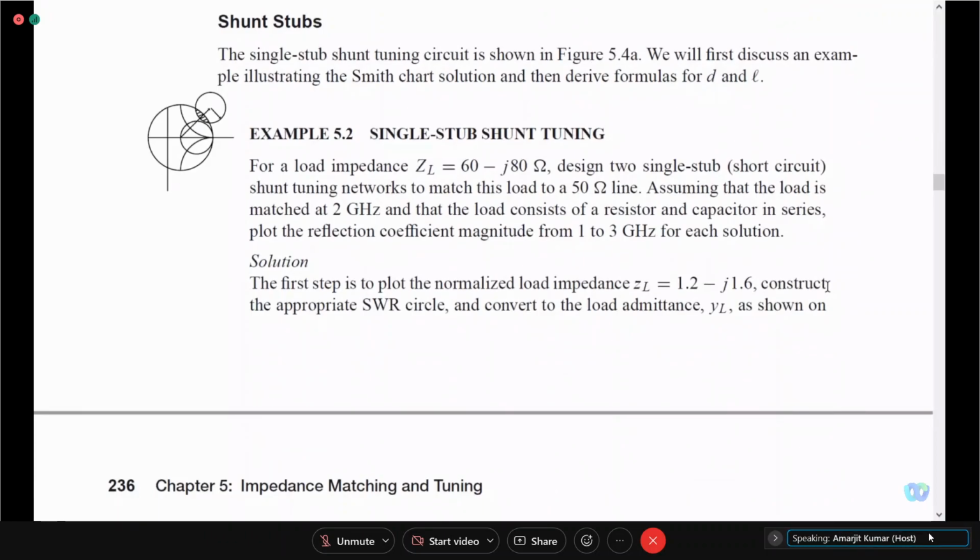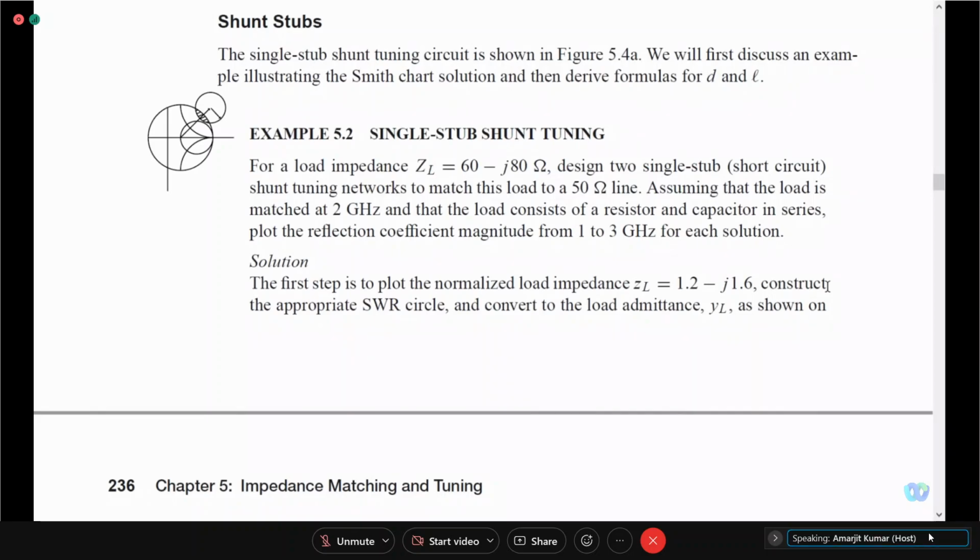Design a single stub short circuited stub, a single stub shunt tuning network. It is given we have to go for a short circuited stub to match this load to a 50 ohm feed line.